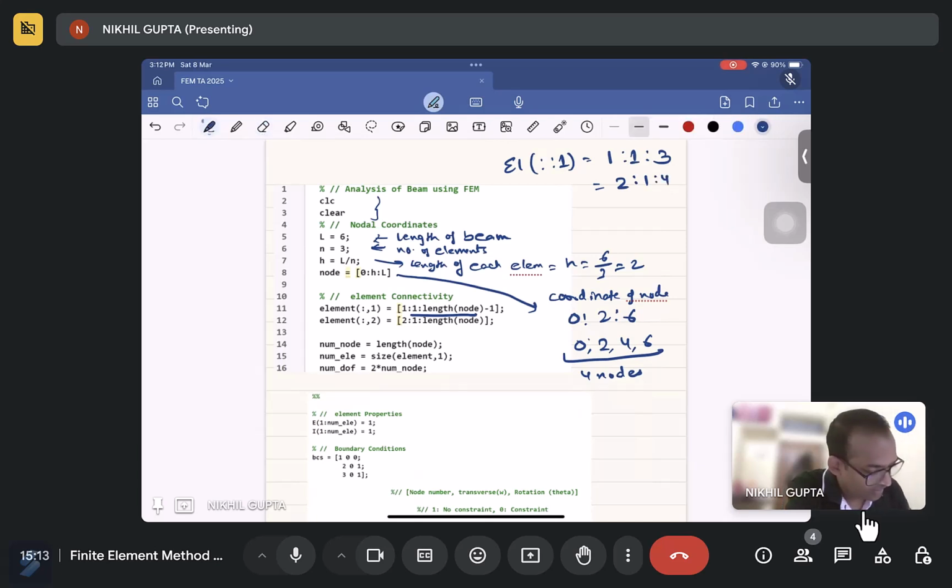Okay, so what it will give you, the element matrix it will give you, and in the element matrix the first column will be 1, 2, 3.